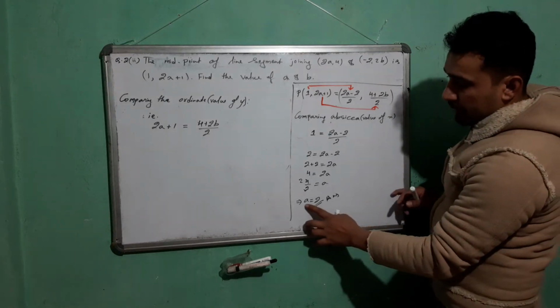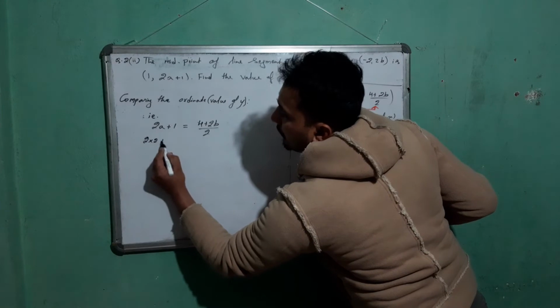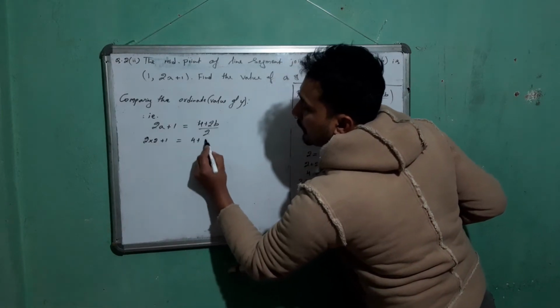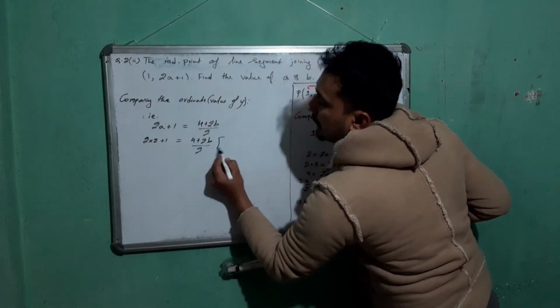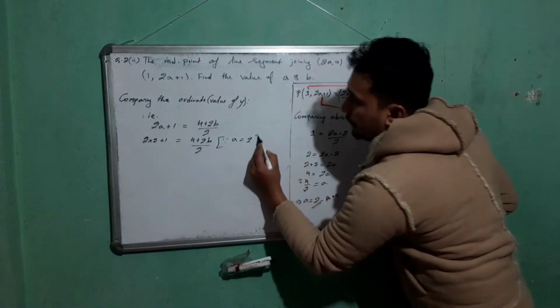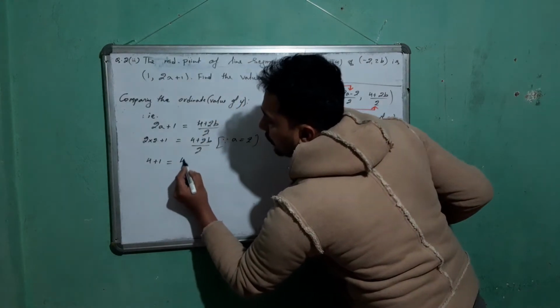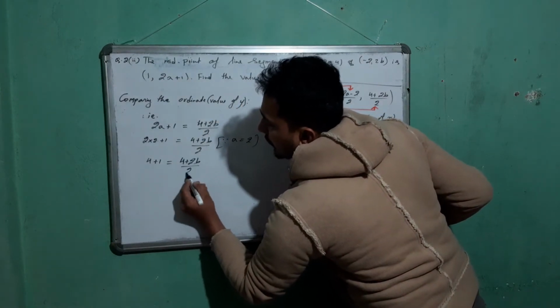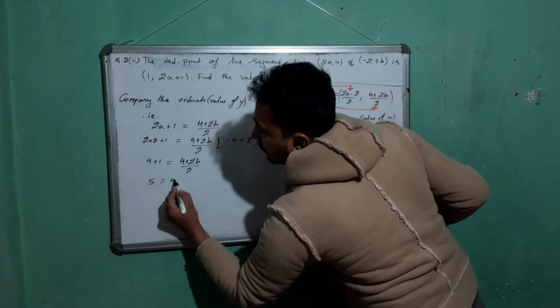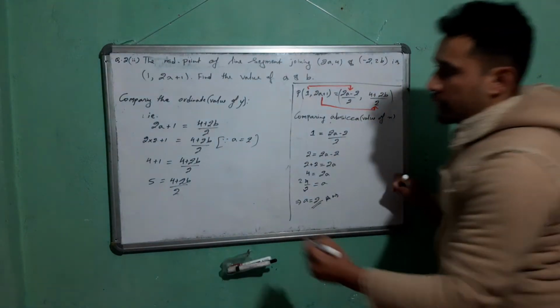We have got the value of a as 2, so let's put it here. 2 into 2 plus 1 is equal to (4 + 2b)/2, because a is equal to 2. 2 into 2 is 4, plus 1 is 5, equal to (4 + 2b)/2. Now from here you cross multiply.